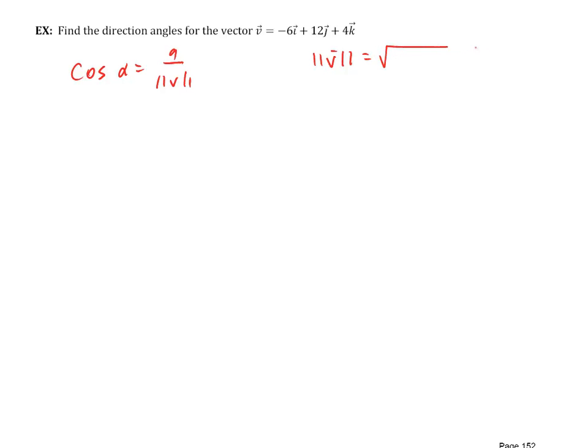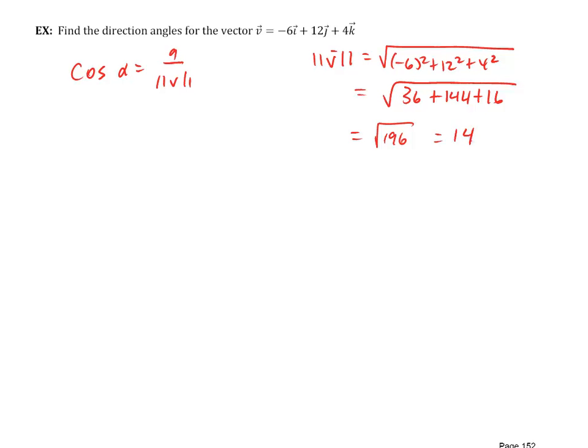That's the square root of negative 6 squared plus 12 squared plus 4 squared, which is the square root of 36 plus 144 plus 16. 36 plus 144 is 180. So it's the square root of 196, which is 14. So cosine of alpha would be equal to negative 6 over 14. So alpha is cosine inverse of negative 6/14, or actually negative 3/7.